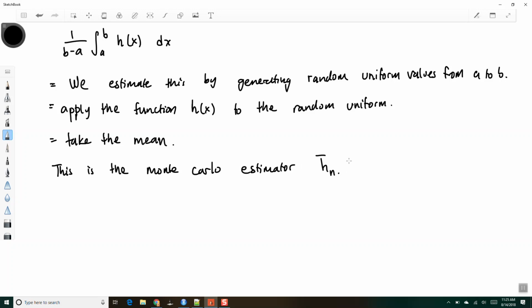So take the mean, which is basically 1 over n times the sum of h of x super i, and this will be approximately equal to 1 over b minus a times the integral of h of x dx.